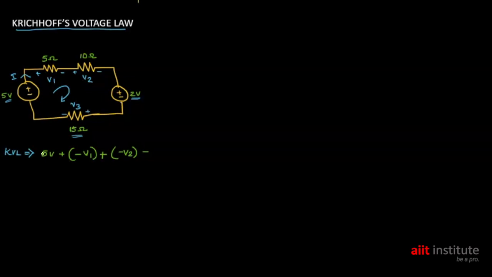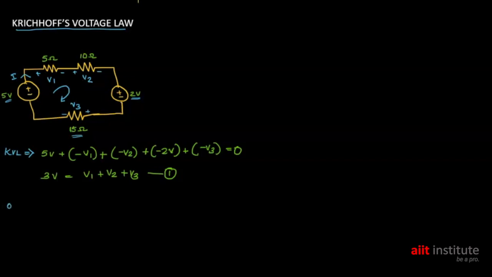Similarly this voltage plus to minus only, so minus 2 volt plus minus V3 which is equal to 0. So we can say that 3 volt is equal to V1 plus V2 plus V3. Let's take this as equation number 1.